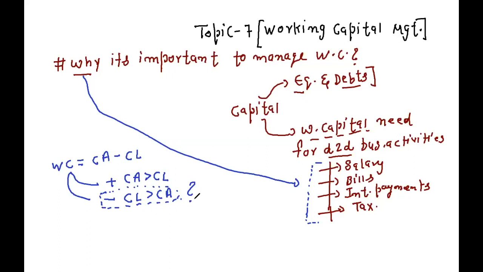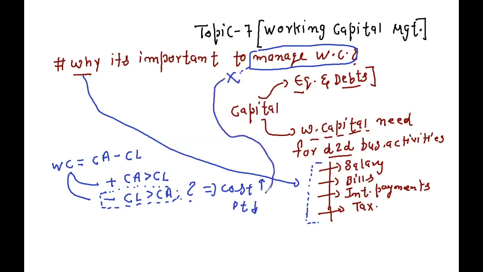Each source of finance has a cost, and if a company's cost increases, its profit decreases. So if your working capital management system is very bad, it will have a very negative impact on company profitability, which is one of the common, minimum indicators to measure the performance of the company.